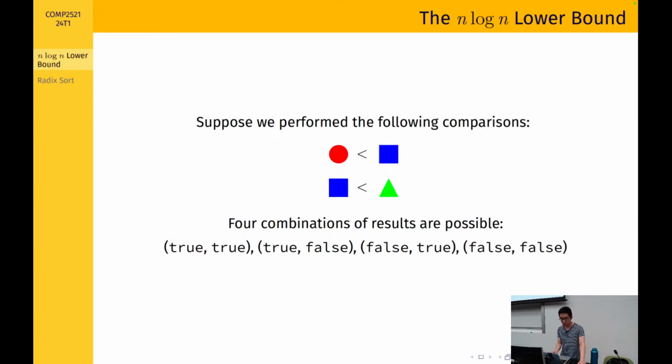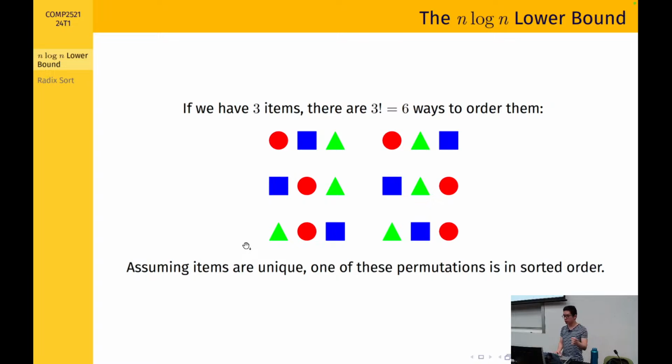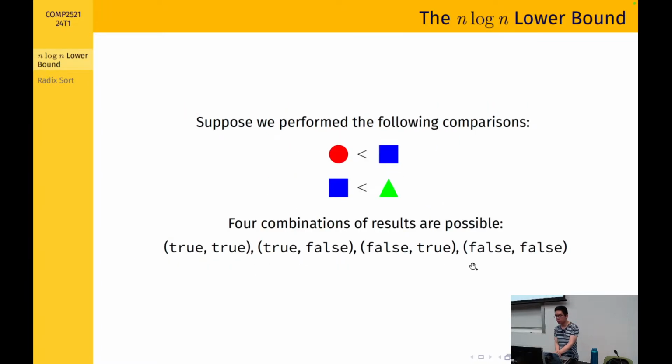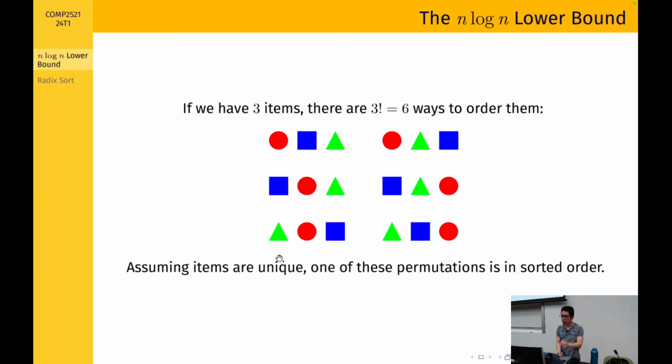So for each of these combinations of results, since we have 6 possible permutations, there's going to be at least one of these combinations of results which will be satisfied by more than one of these permutations, by the pigeonhole principle.